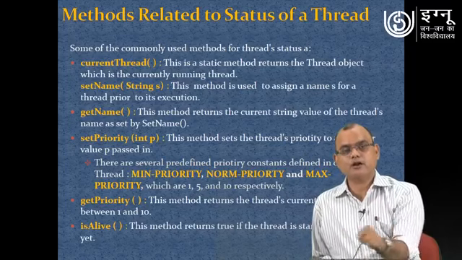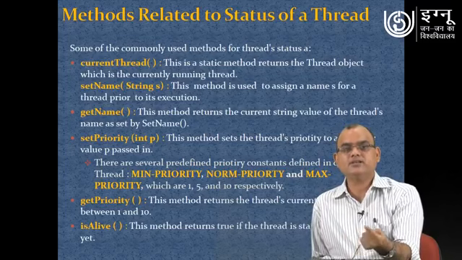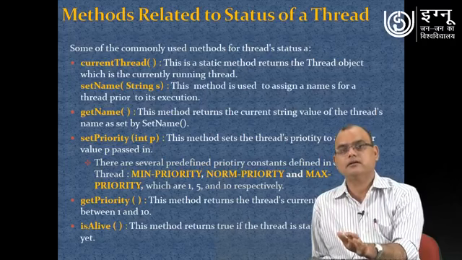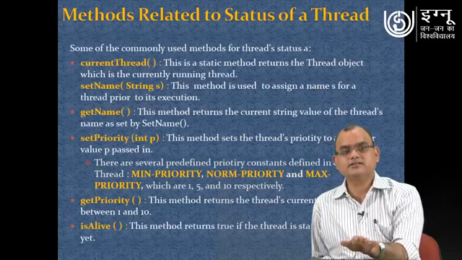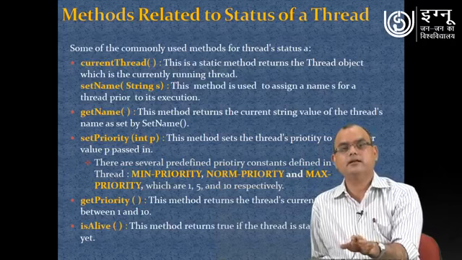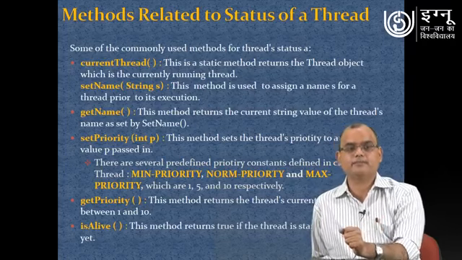So you can assign any priority from 1 to 10 to your thread by using the setPriority method. And MIN_PRIORITY, NORM_PRIORITY and MAX_PRIORITY are constants available in the Thread class, and these constants can be used to assign the fixed priority values 1, 5 and 10. Otherwise also you can assign the priority using your setPriority method.